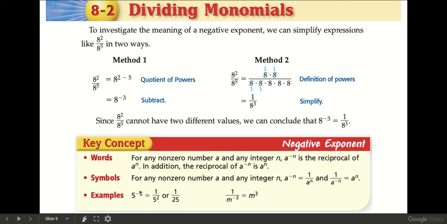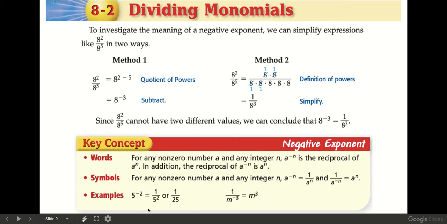So if I have 5 to the negative second power, that would be the same as 1 over 5 to the positive second power, or 1/25th, right? It's reciprocal. Or if I have 1 over m to the negative third power, this is an example where you have one in the denominator, you can move it up to the top, to the numerator, which would just leave you with m to the third, okay? These are equivalent to each other.